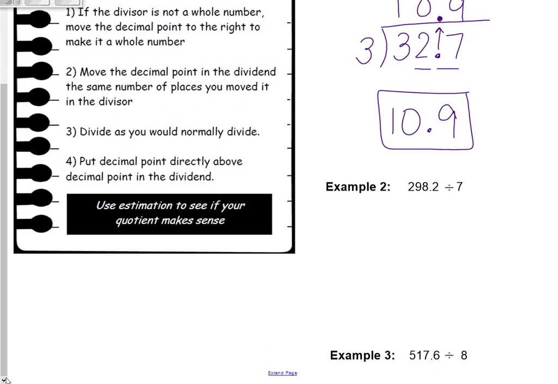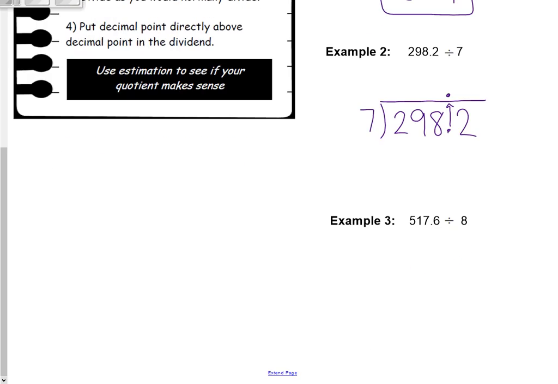All right, example 2. I have 298 and 2/10 divided by 7. Because we're dividing a decimal by a whole number, I simply just need to bring this decimal point up here. And then I'm going to divide as if it were a whole number. I'm going to go ahead and extend my page.